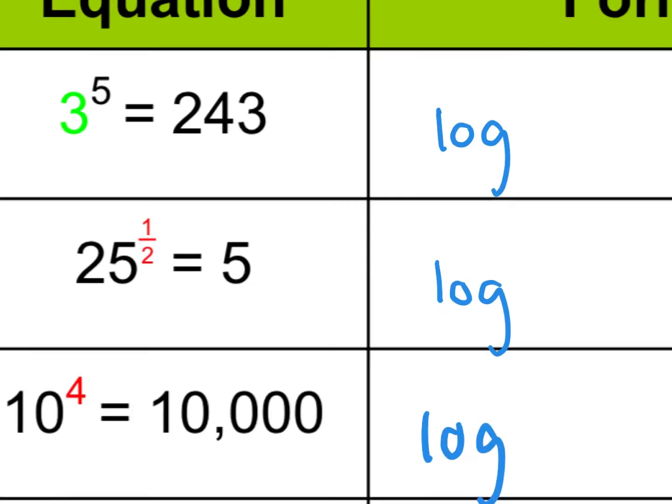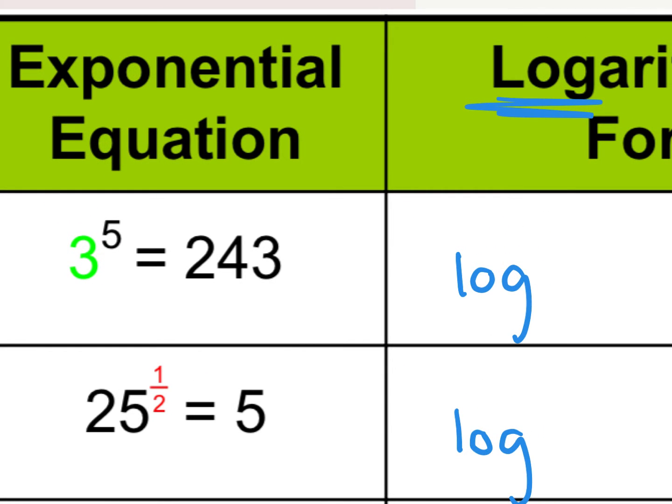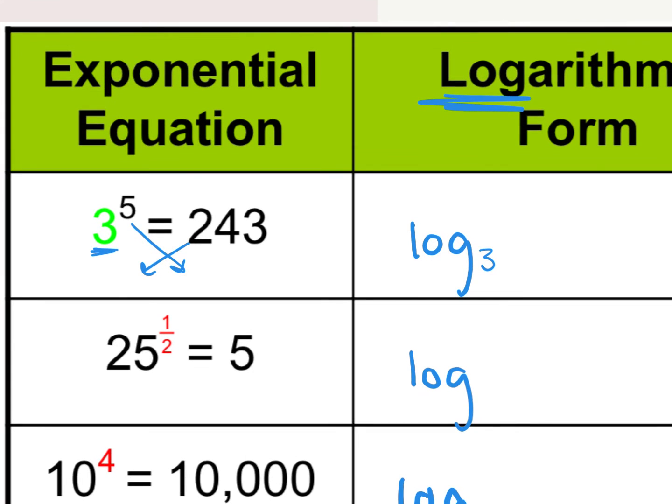Now log, what's our base going to be? 3. So log base 3, and then we switch the position of 5 and 243. So what comes next? 5 would come next, but now we're putting the 243 in front. So 243, and that's equal to 5.